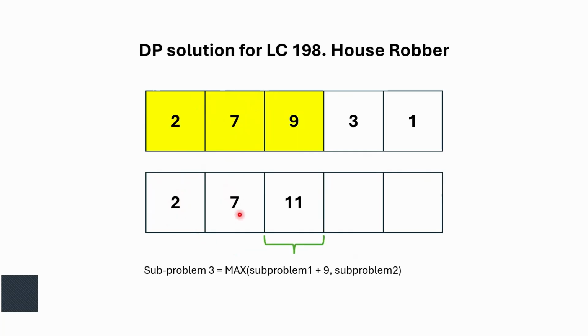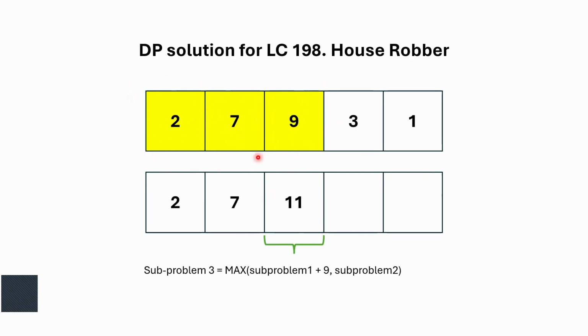And up to subproblem 3, now we ask ourselves, what is the maximum amount of money that I can rob from the first house up to the third house? So now we look back, and if I decide to rob this third house, then I cannot rob this second house, but obviously I can rob the first house, right?